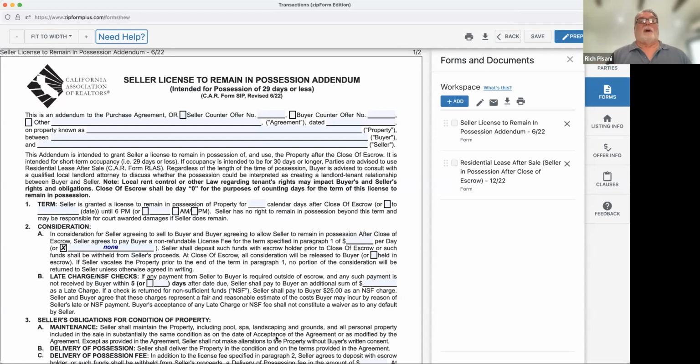So either the buyer gets the money up front once close of escrow happens, or it's held in escrow. Those are the two choices.